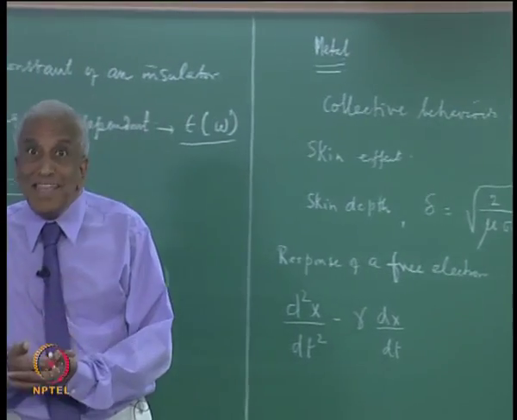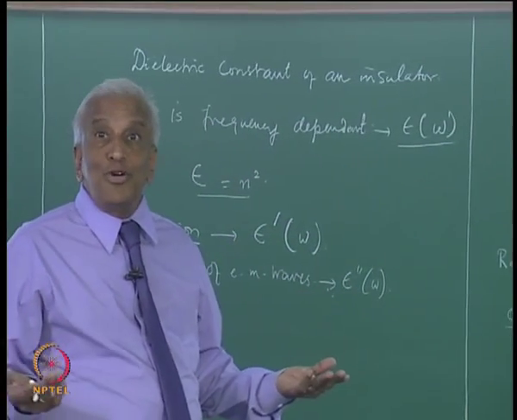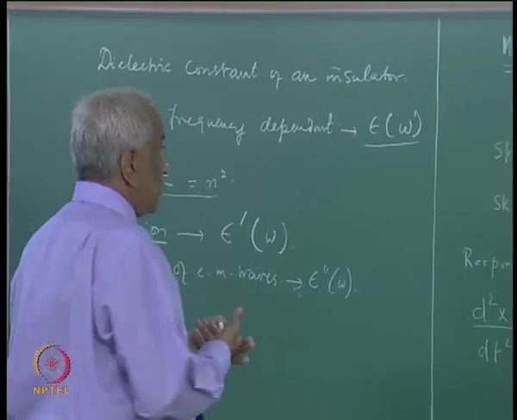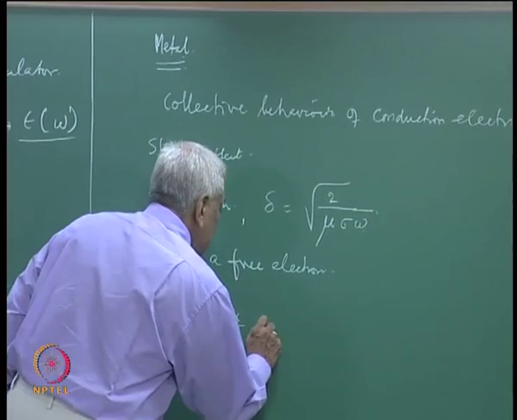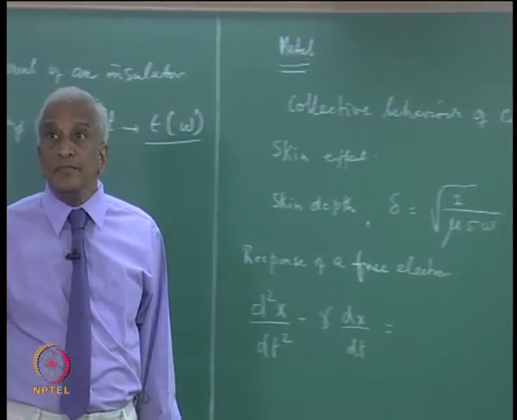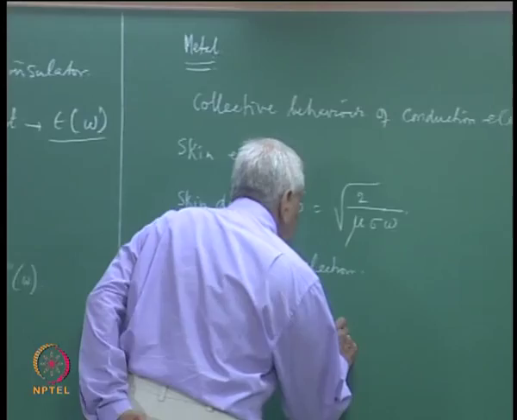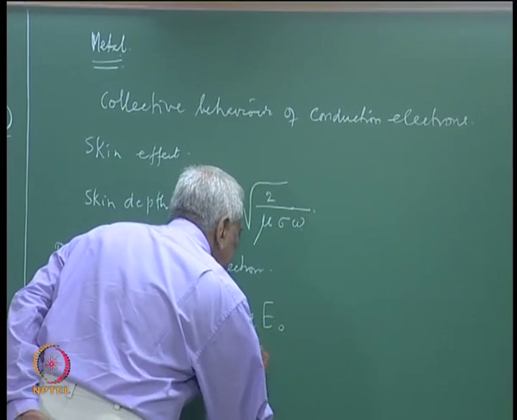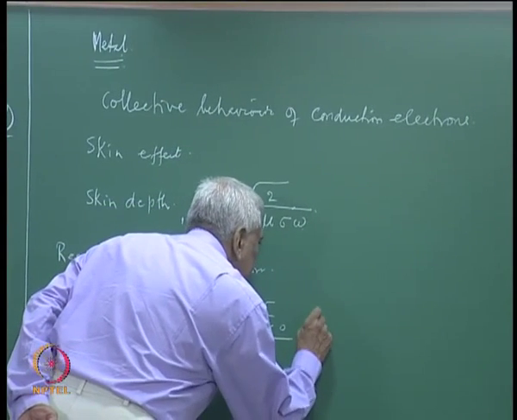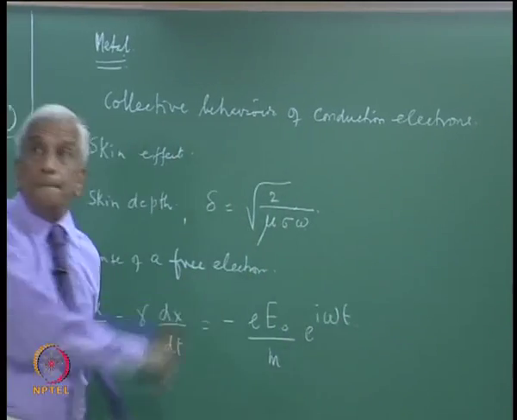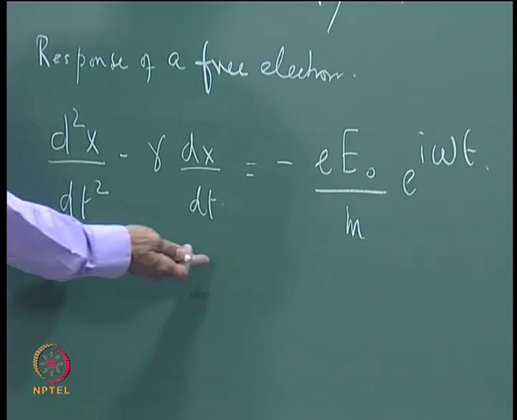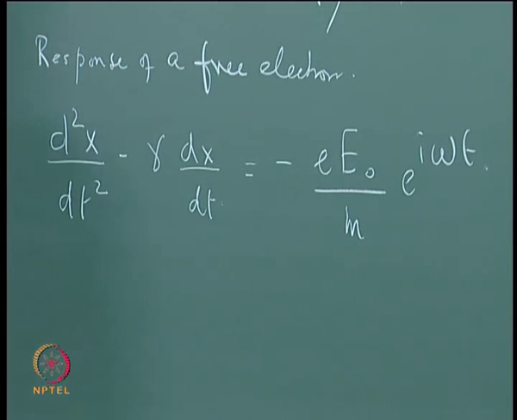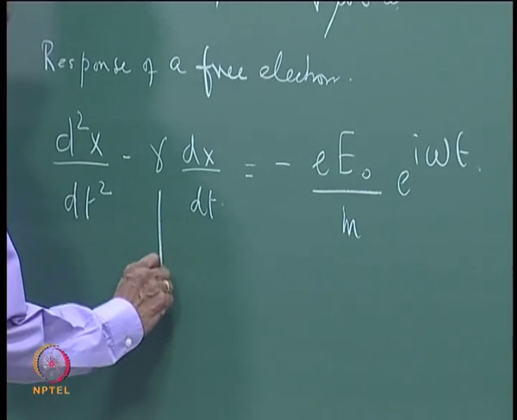Now, in the case of a free electron, there is no restoring force, there is no natural frequency; it is free to move under the influence of an applied electric field. So, this term is missing in the equation of motion, and so this is the equation of motion in the case of a free electron in a metal. Now, this gamma is the damping constant per unit mass.